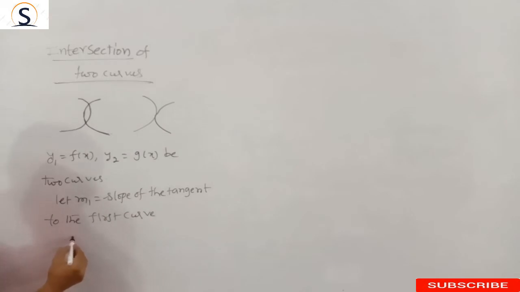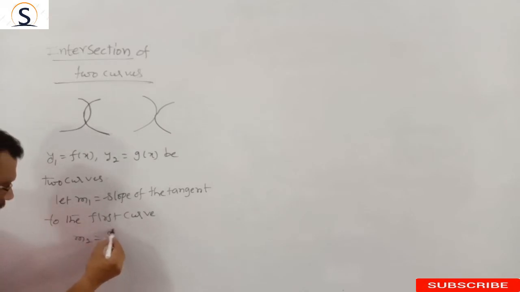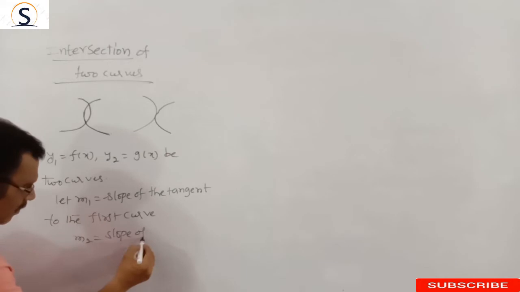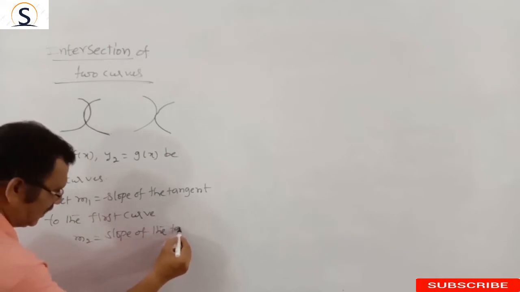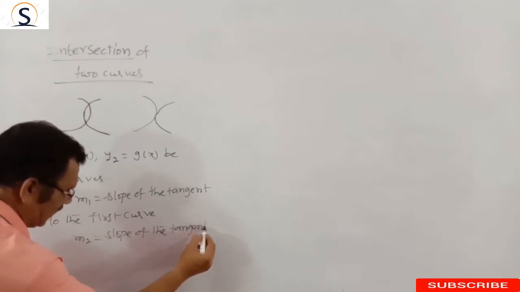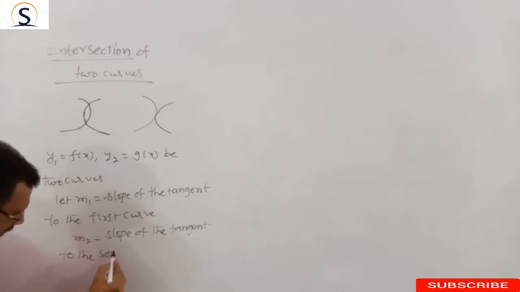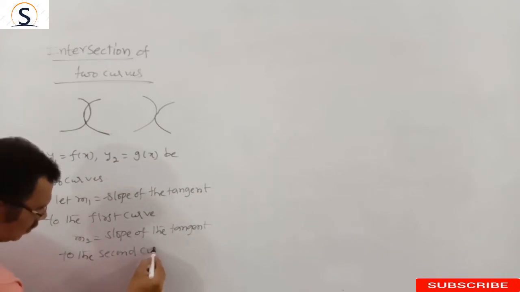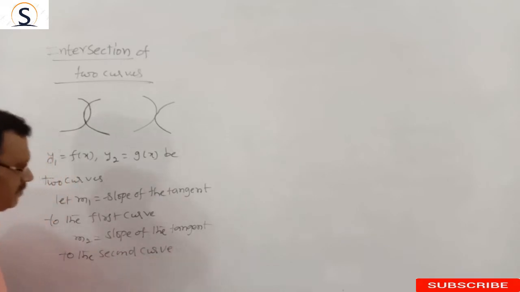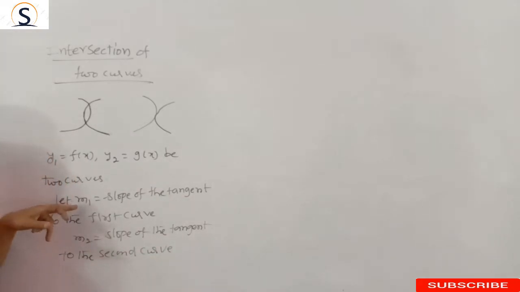Next, let m2 be the slope of the tangent to the second curve. So find out the slopes of the tangent to the first curve and the slope of the tangent to the second curve at a given point.